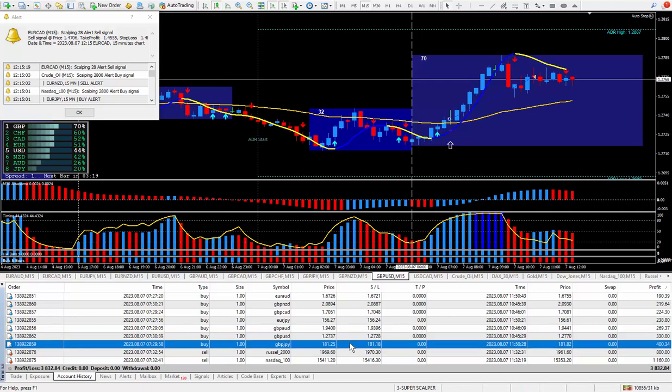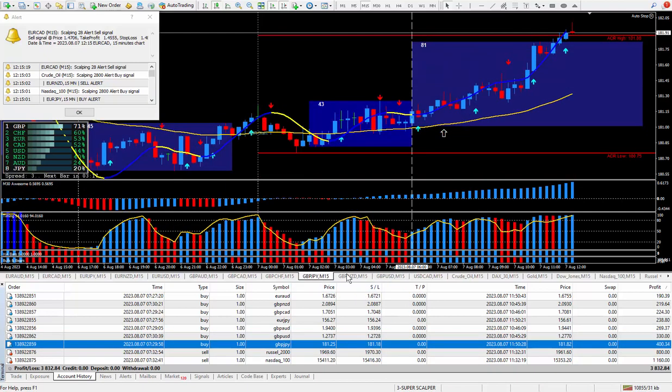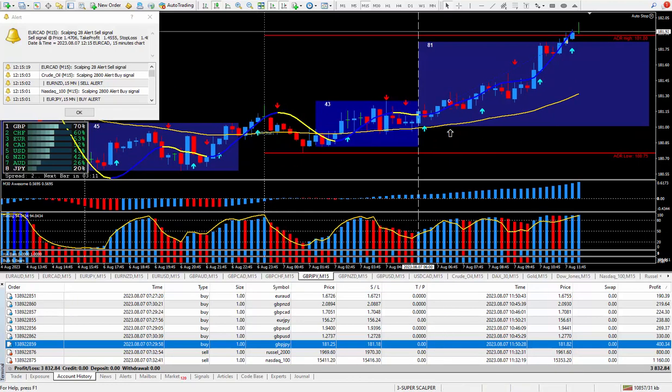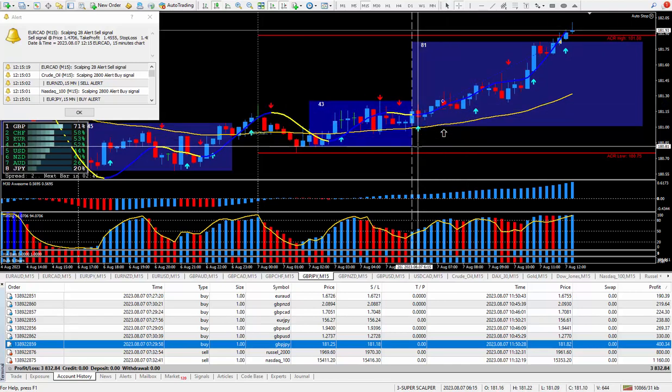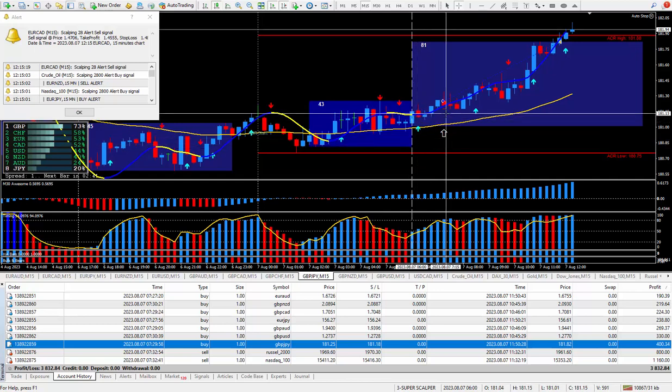Anyhow, moving right along. Pound yen, same thing. Another trade. Did qualify for a great way to trade. So, like I said, right from back here, everything blue. Even the scalper. What more could you ask for?